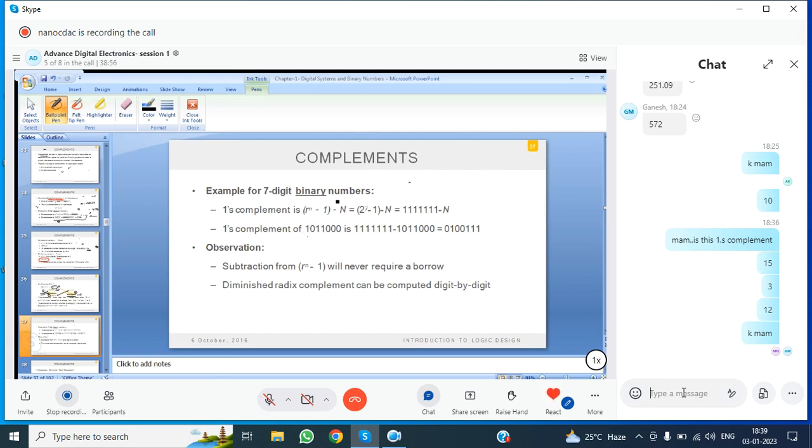Here, R power n minus 1 minus n. So n is nothing but a binary number. So 2 power 7. Let us take this one, 1011000.